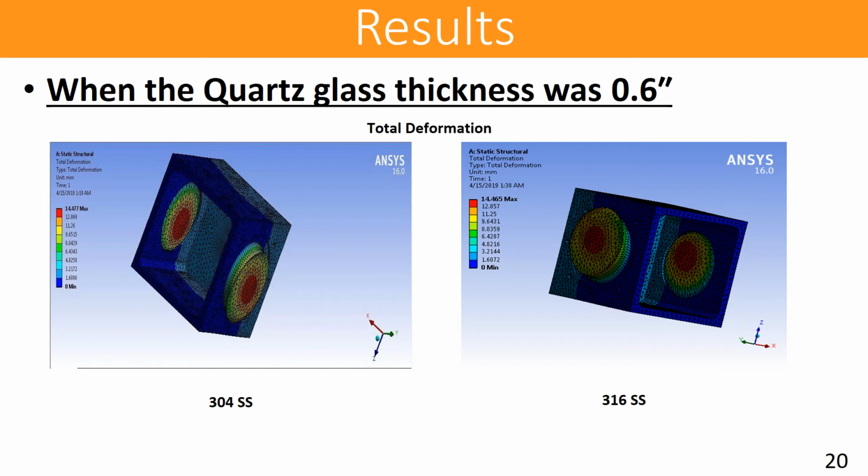For the results section, I was trying to hit two birds with one stone. Here I was doing both the optimization for the quartz glass thickness and also the comparison between cube blocks of different materials, where I used 304 stainless steel and 316 stainless steel.